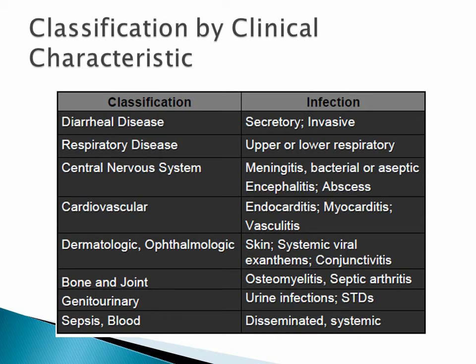Those infecting the central nervous system cause meningitis, inflammation of the meninges, and so forth. Diseases infecting the cardiovascular system, your heart system, cause vasculitis, inflammation of the blood vessels, or endocarditis, which is inflammation of the endocardium, and so forth. So these are just classifications by anatomical location or clinical characteristics.